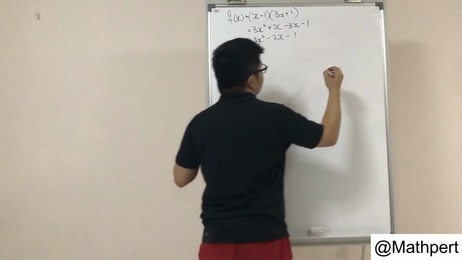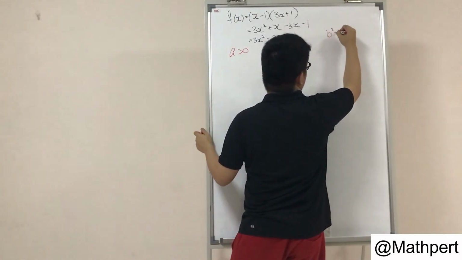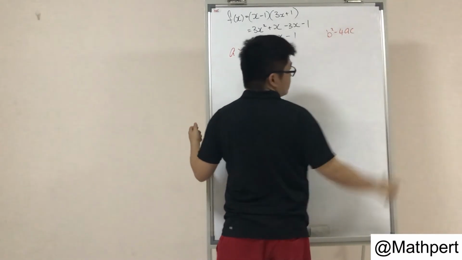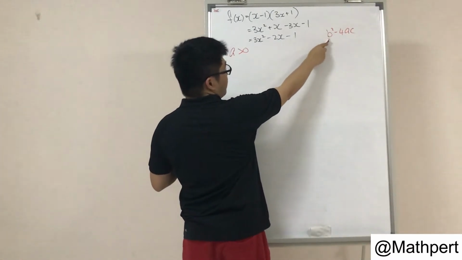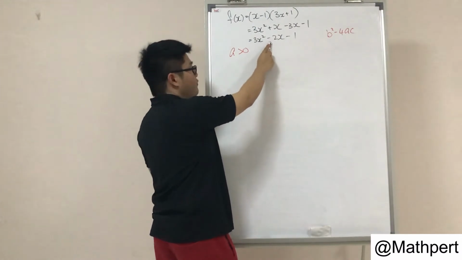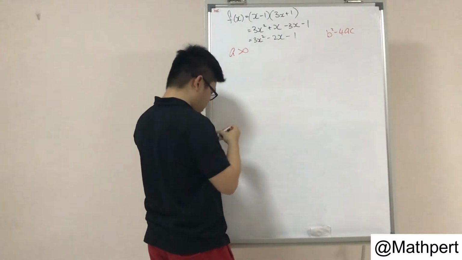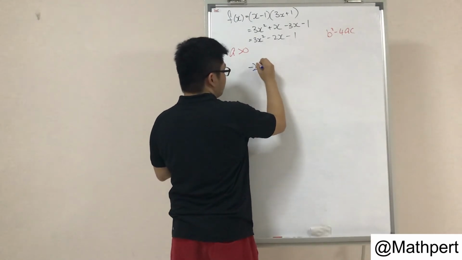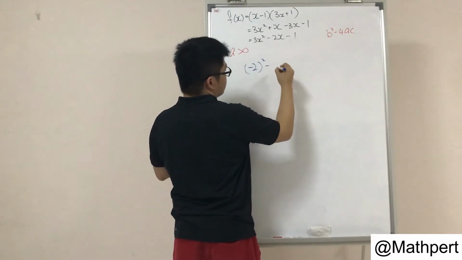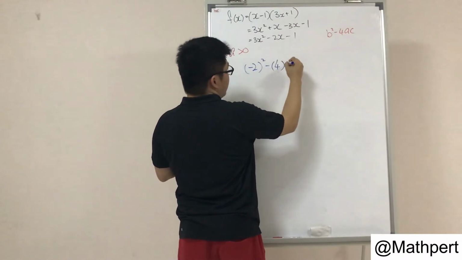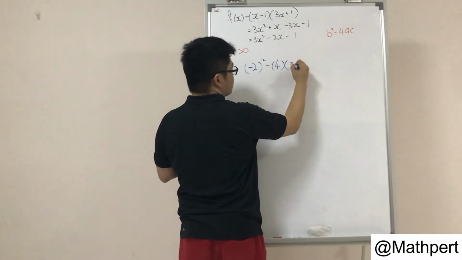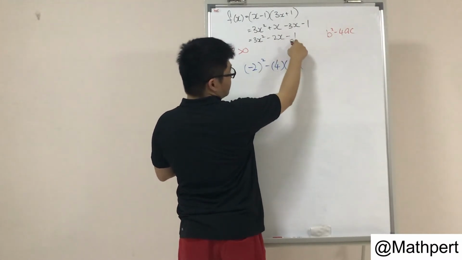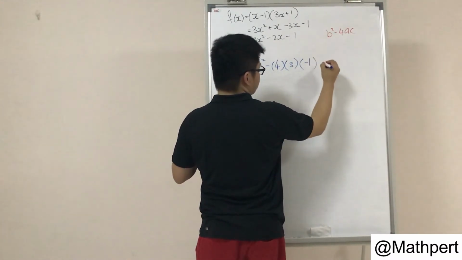The general expression is b squared minus 4ac. B is negative 2, so negative 2 squared minus 4, A will be 3, C will be negative 1.